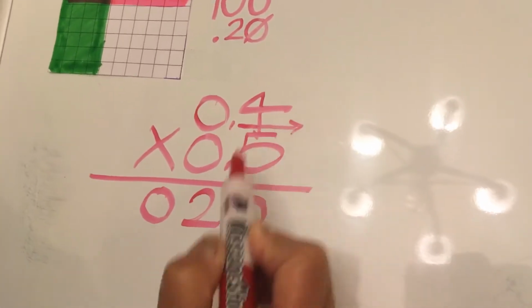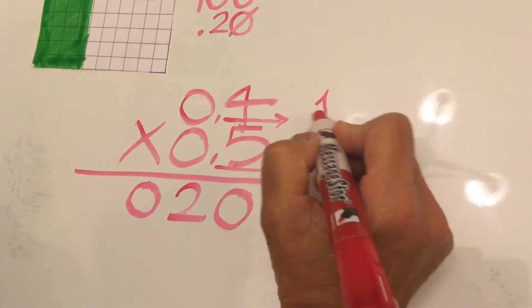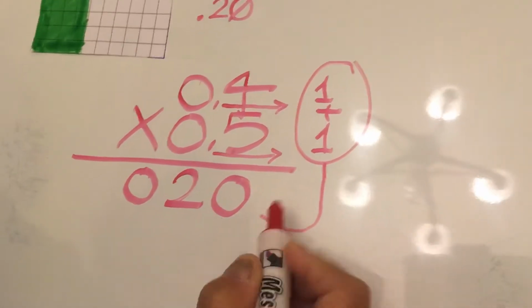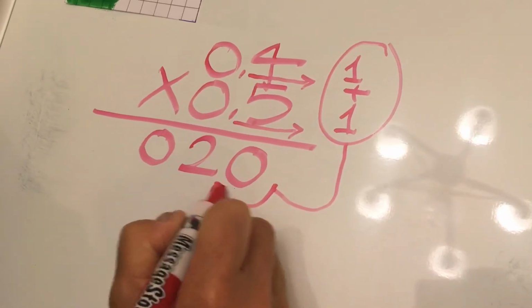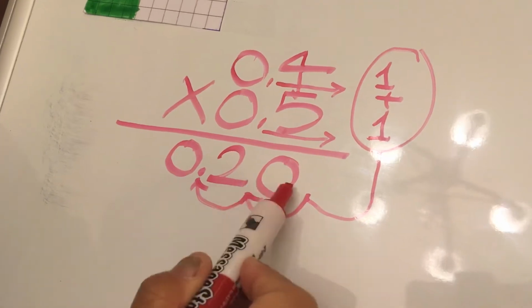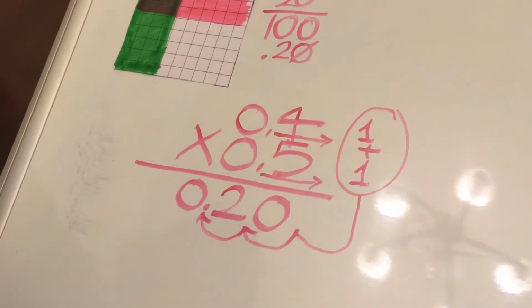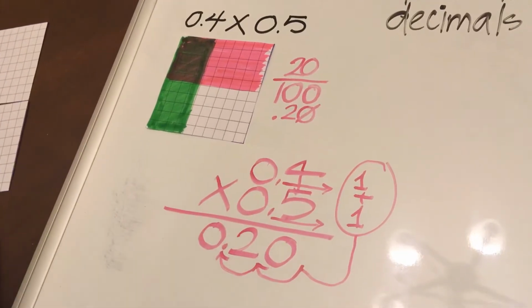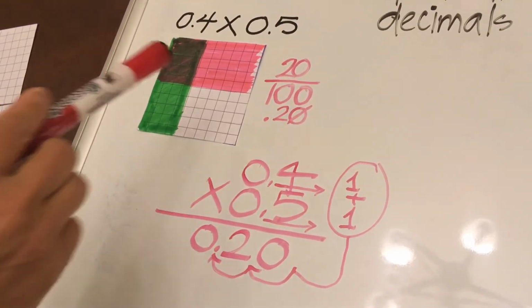There's 1 and there's 2. I add that together. That comes down here. I'm going to start going 1 place, 2 place. So my answer is 20/100, or 2/10. They are both correct. So that is decimals multiplying decimals less than 1.